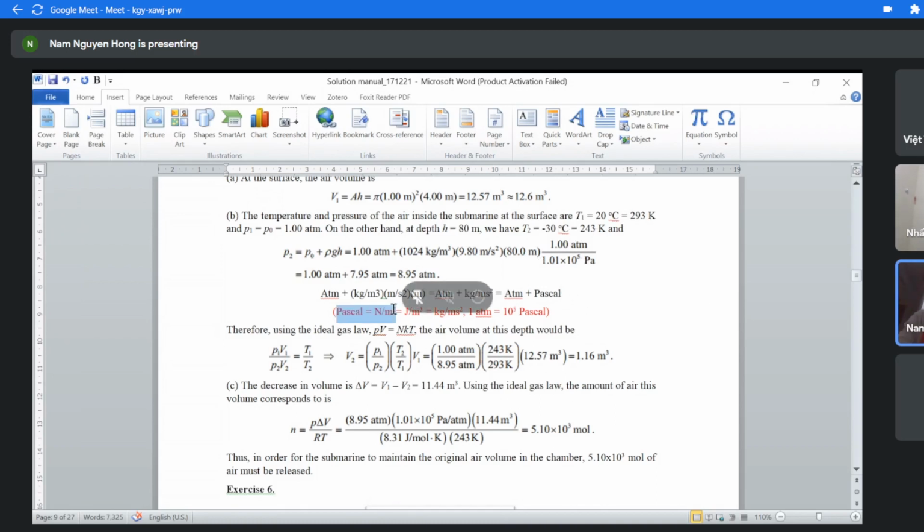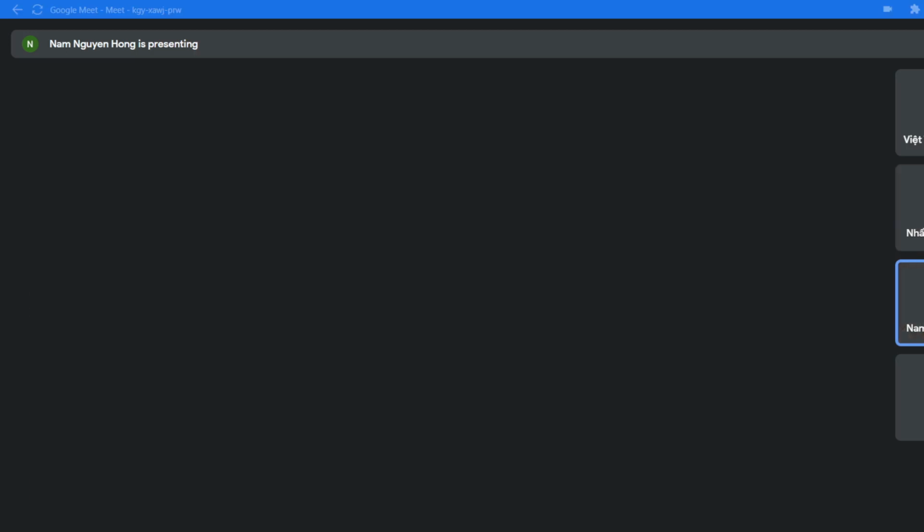Now, the Pascal can be written as Newton per meter squared, or joule per cubic meter, or also kilogram per meter second squared. This is Pascal.